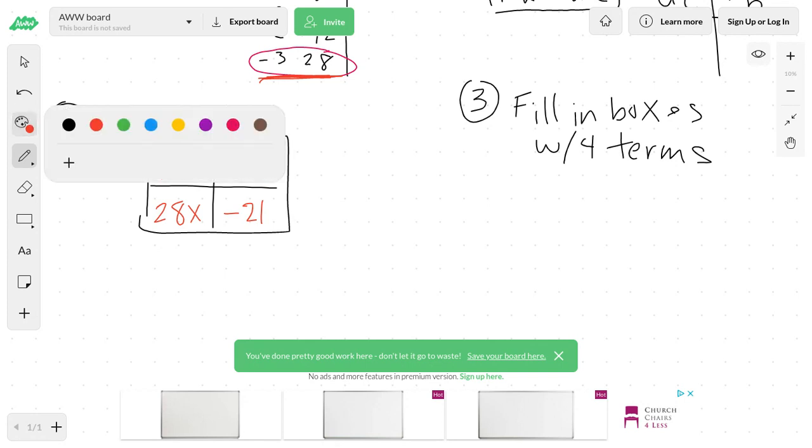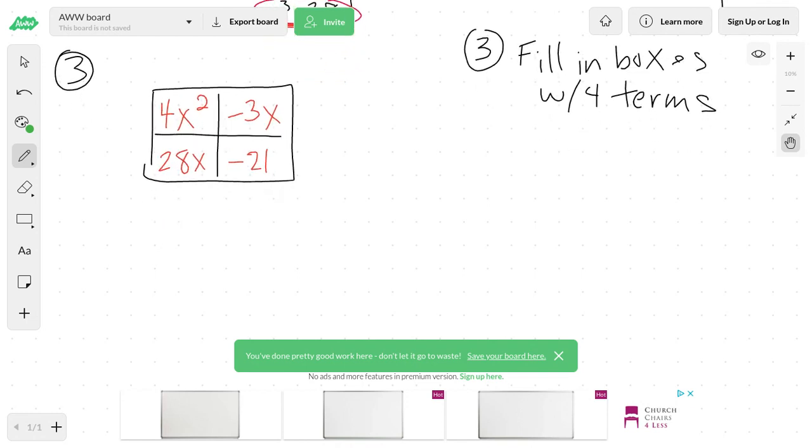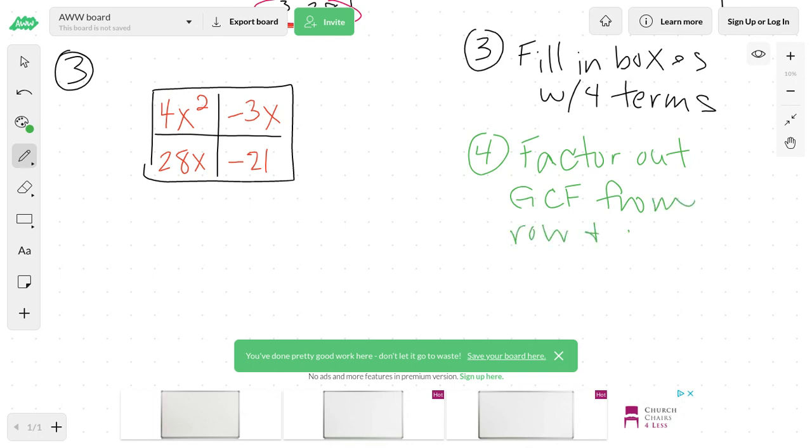Okay, step 4, I'm going to do in green because it's a little different. So for step 4, what we want to do is factor out our GCF from every row and every column.